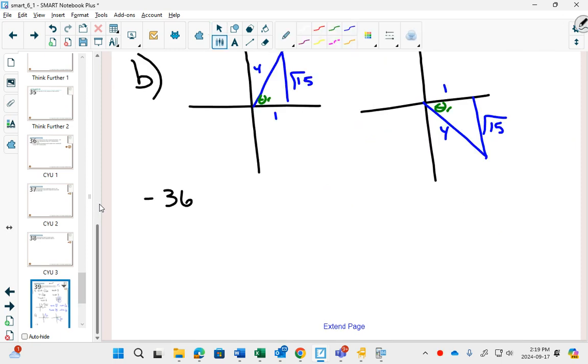We'll talk a little bit about this domain that they've given us of theta, right? Is that how it's written exactly? Yes. So this domain means that we want all the answers from negative 360 degrees to 360 degrees.